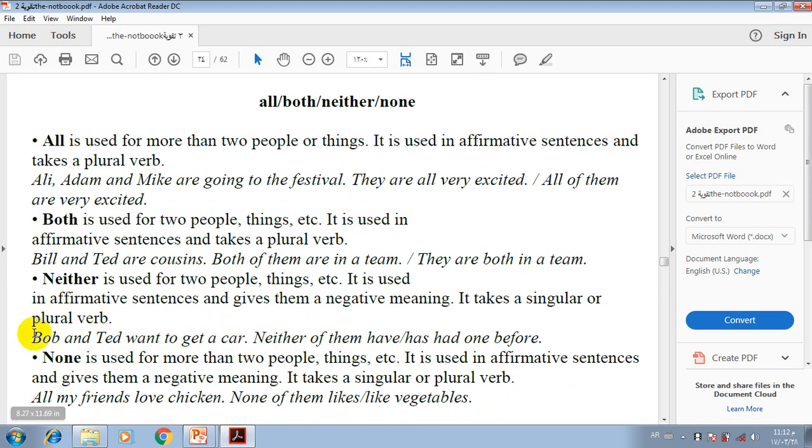They are two. So we use neither. And the sentence here is in affirmative case, but it gives a negative meaning. So we say neither of them has had one before.